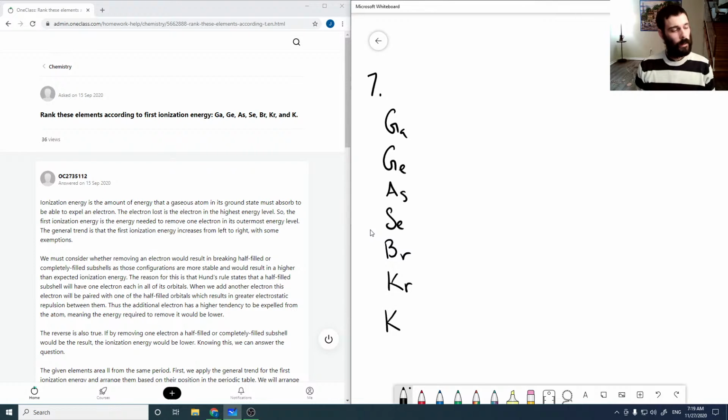So gallium's valence is 4s2, well, I guess not valence, but highest orbital electron configuration. And these just go across the periodic table.